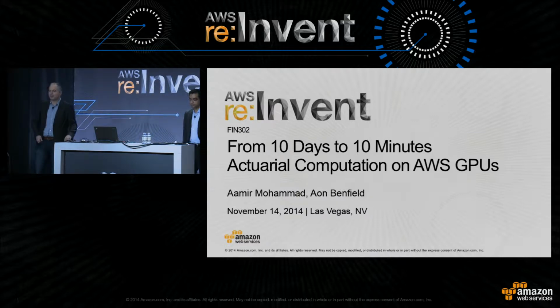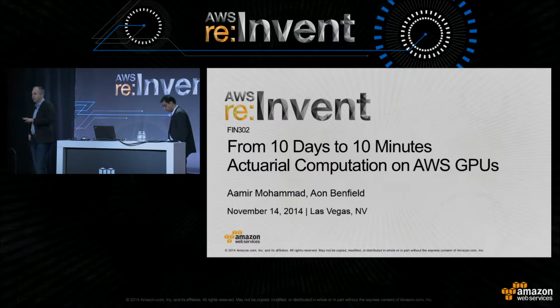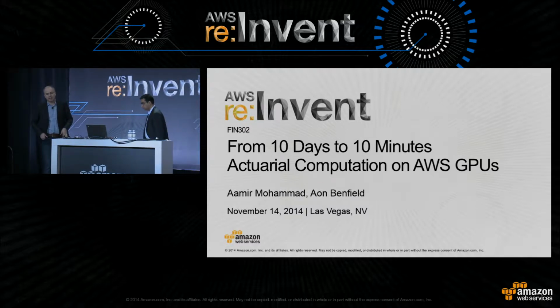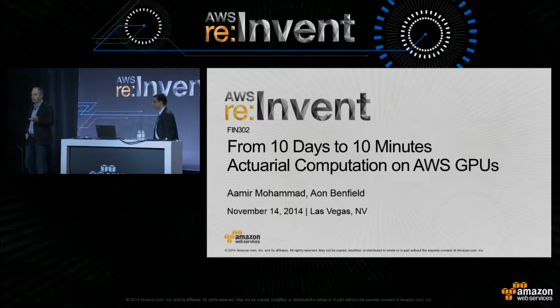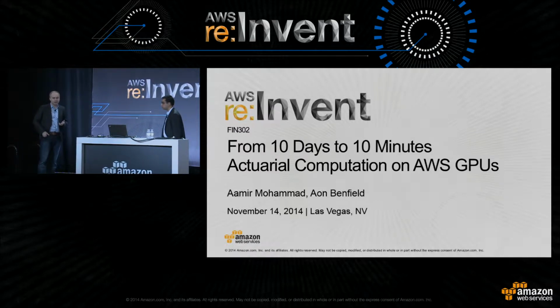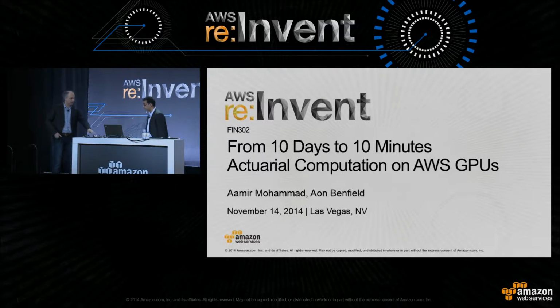This is maybe the fifth day of the conference for you, so we will not do too much AWS, but at the end, I will also cover how we are making this work on the back end in terms of AWS architecture. But the main focus is GPUs and how GPUs are leveraged, how Aon is looking at the GPU fleet and the processing power. We will basically focus on that one, and Amir will take it from here.